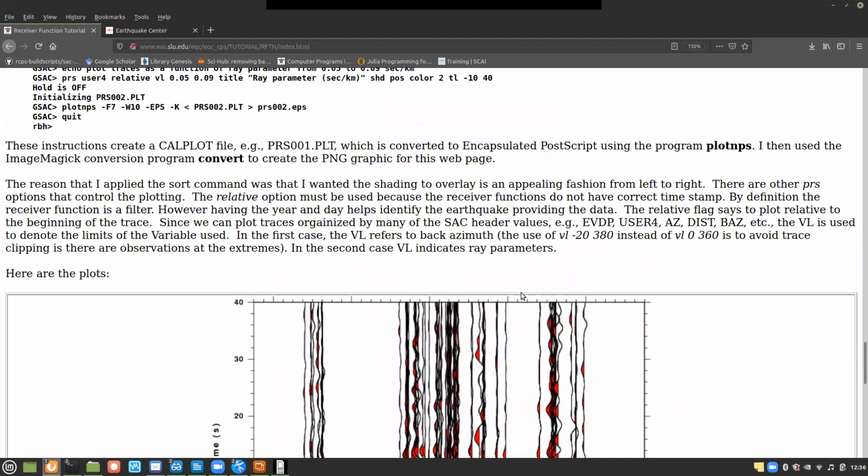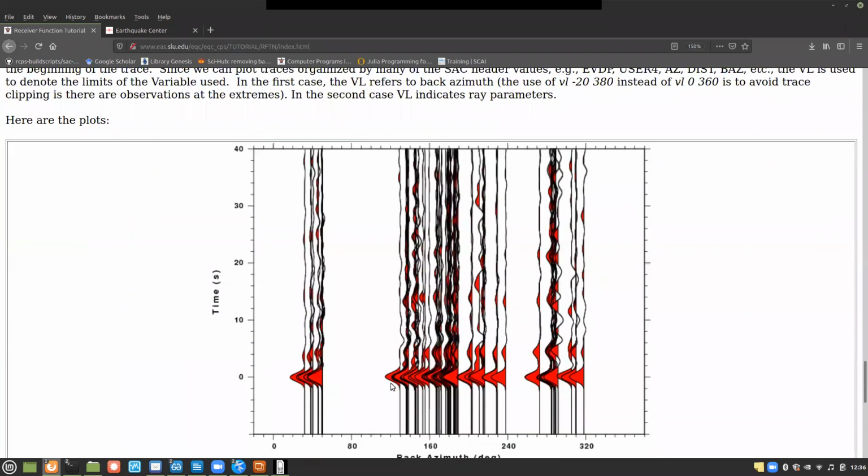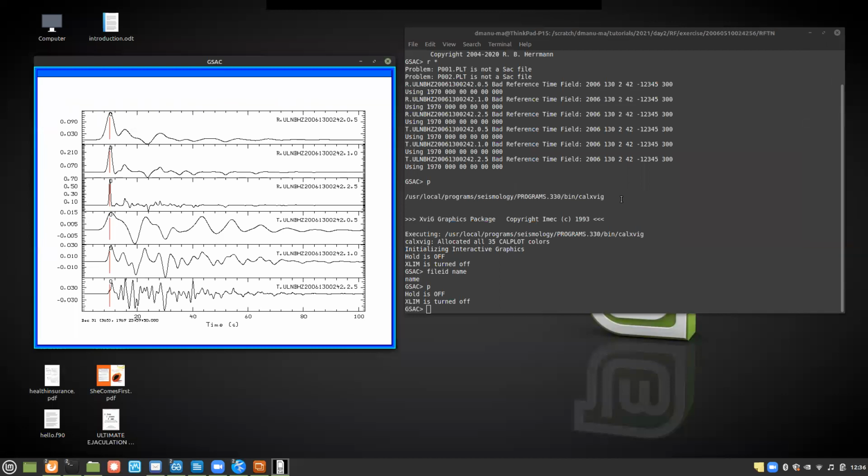To better constrain the velocities and the interfaces, the point is to model these receiver functions. You try to retrieve an S structure that can reproduce these receiver functions, and that S structure will be your velocity model. So in the afternoon, we'll do this inverse process of using the receiver functions as input to retrieve the velocity structure.